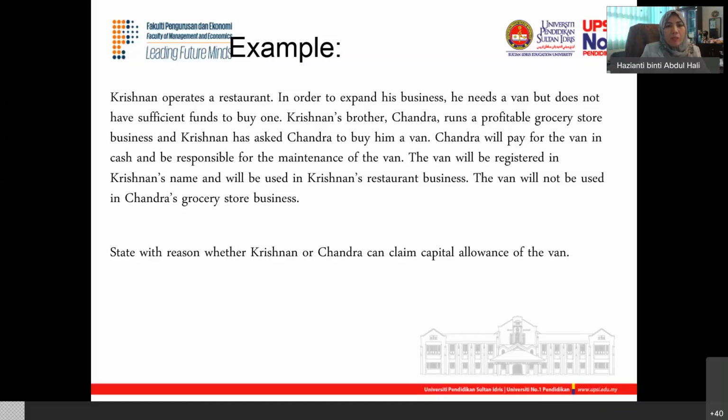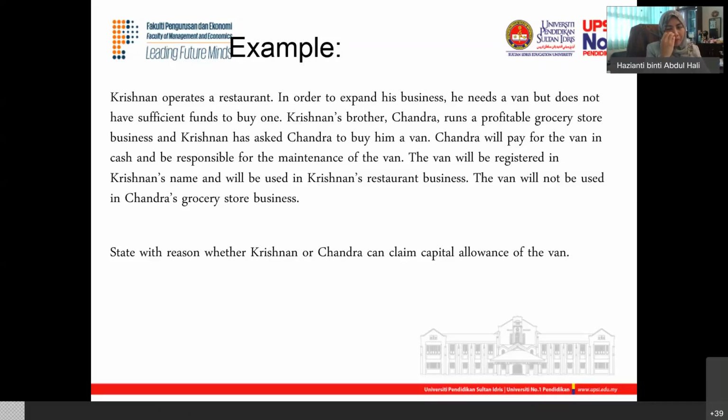Chandra runs a profitable grocery business and Krishnan has asked Chandra to buy him a van. So Chandra will pay for the van in cash and be responsible for the maintenance of the van. The van will be registered in Krishnan's name and will be used in Krishnan's restaurant business. The van will not be used in Chandra's grocery store business.